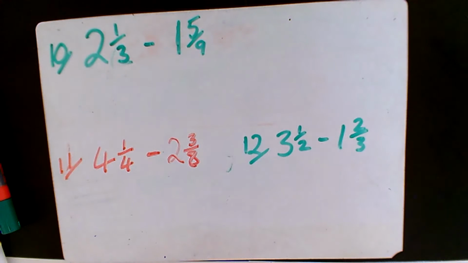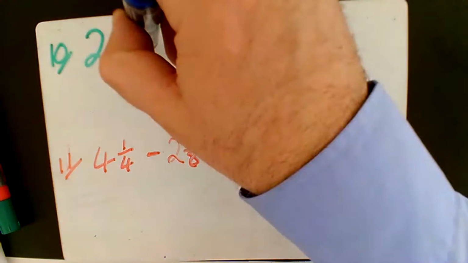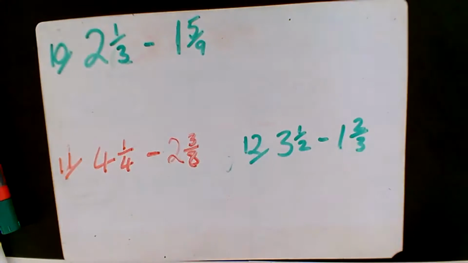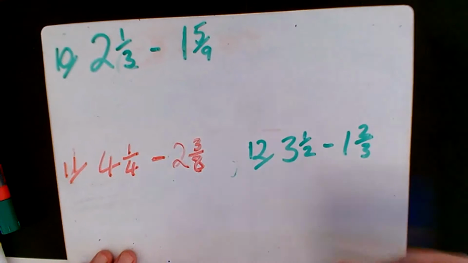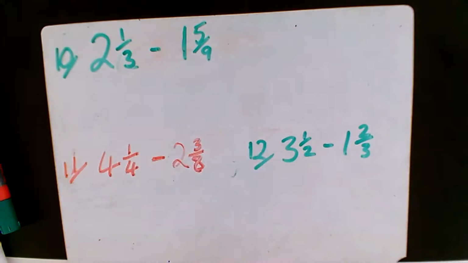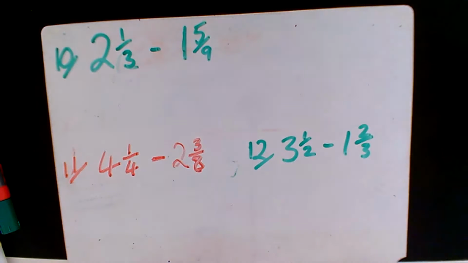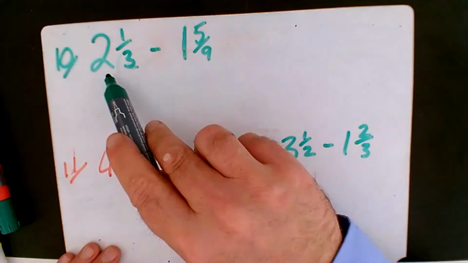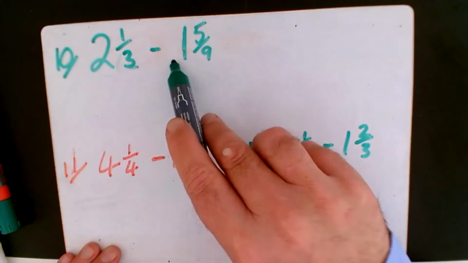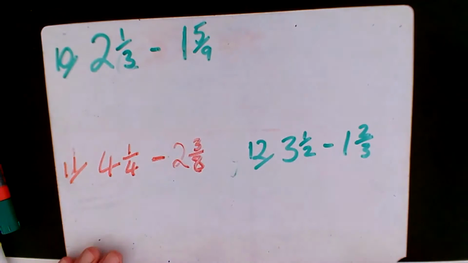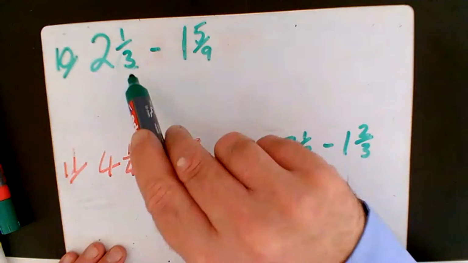Now remember, with these, because it's a taking away and it has mixed numbers, we'll remind ourselves when we get back to school and when we do these again. Because they're mixed numbers and it's taking away, the first step is to put them into improper fractions.